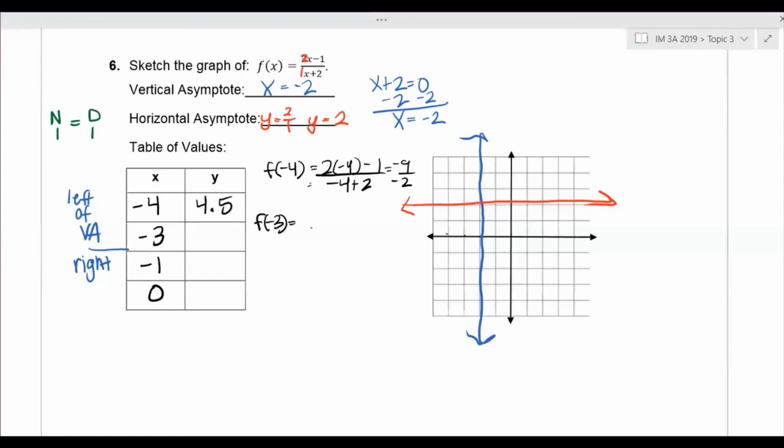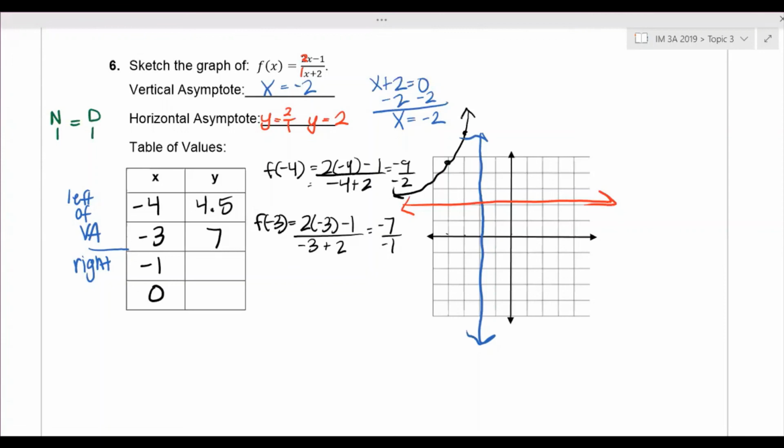So that's going to give us 2 times -3 minus 1 over -3 plus 2. So 2 times -3 is -6, minus 1 is -7. -3 plus 2 is -1. So that means that's going to have a value of +7. For -4 is +4.5. So x is -4, y is 4.5. And then for -3, it's 7. So let's just kind of go up here for that value. So that means that this graph is going to look like that on that side of the vertical asymptote.